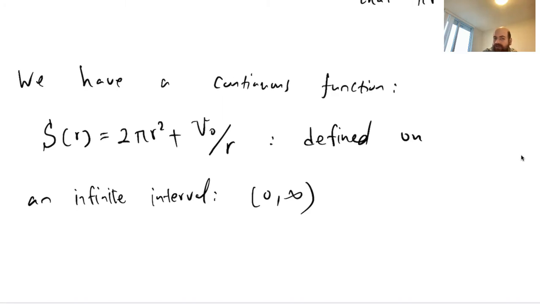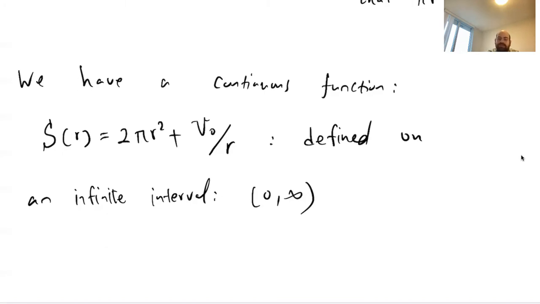So some people say here this function is not continuous. Well, it's not continuous at 0, but the interval is the open interval 0 to infinity. So the function is continuous on this interval. We want to find max and min. What should we do?